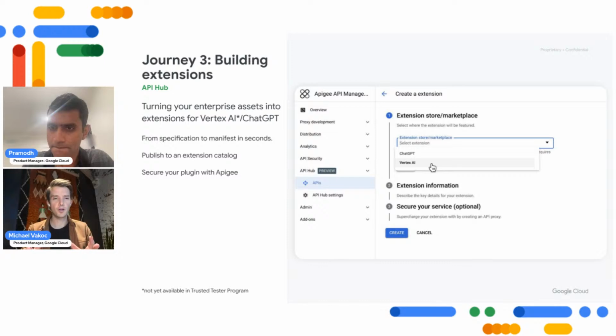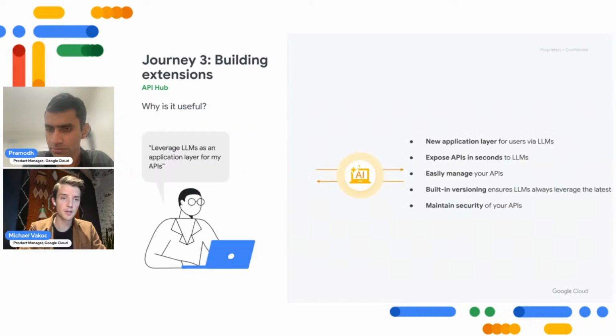So with just a few clicks, the API that Shiloh created in the first step, you can just make it available. You can secure that API using Apigee to make sure that only the data you want shared is shared, and that's it really.